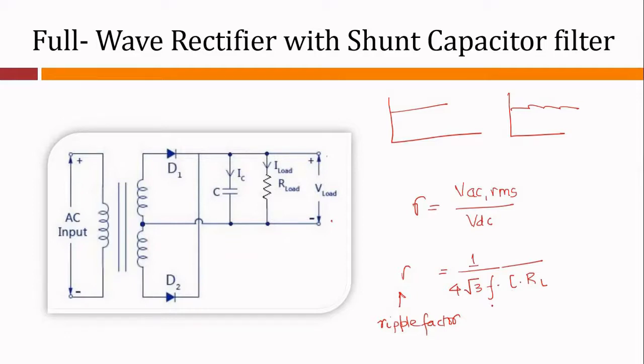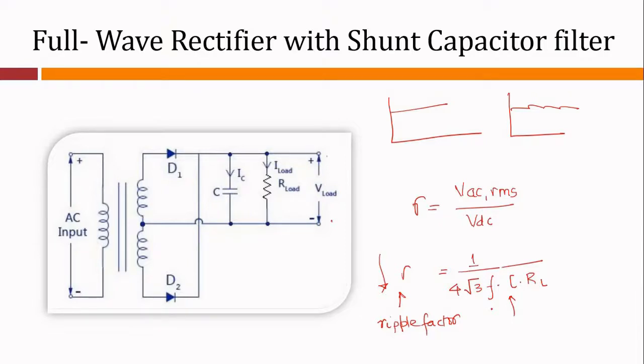F is the frequency of operation, line frequency, R is the ripple factor. So if I want to reduce the value of R, I have to use a high value of capacitor. The main objective of this filter is to suppress the harmonic components.